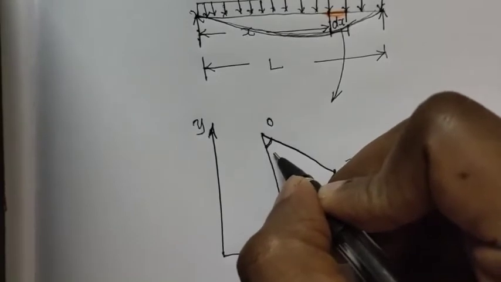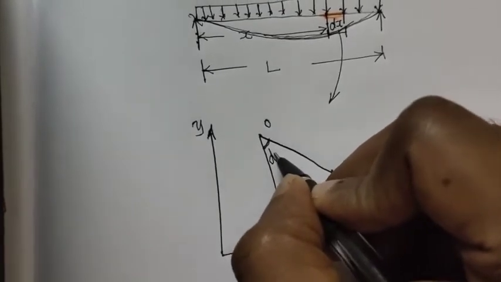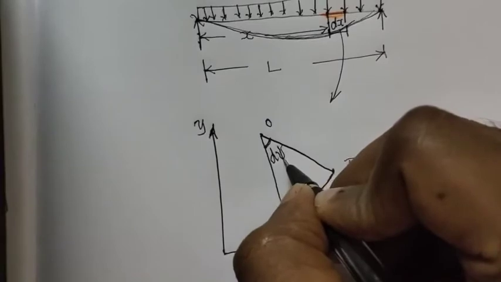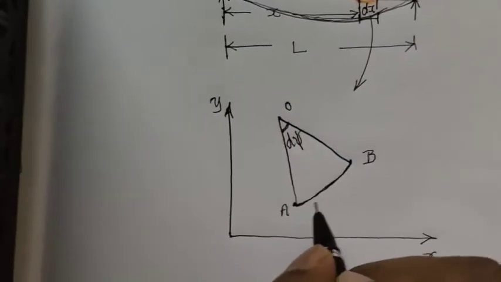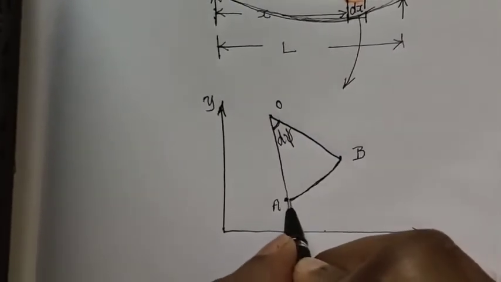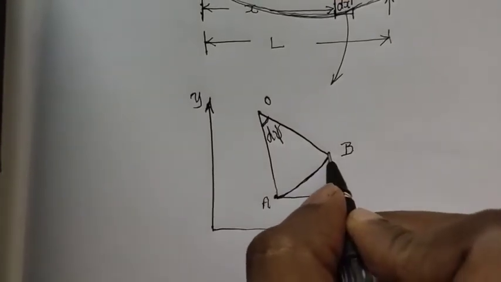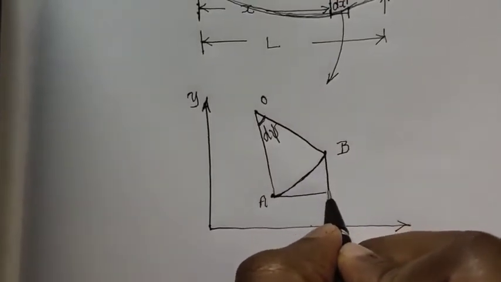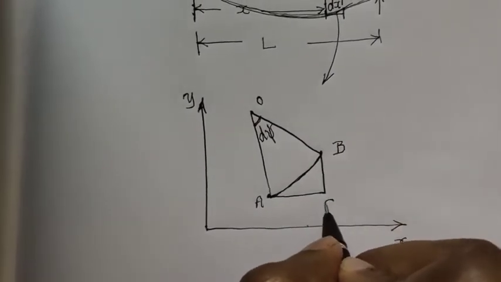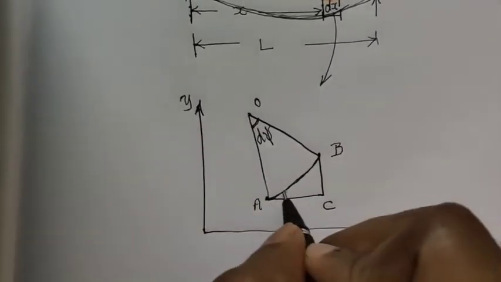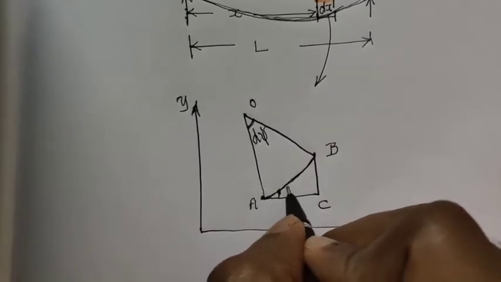The subtending angle here is d psi. I draw a horizontal from the point A, and drop a vertical from the point B until they meet at the point C. Let me call this angle psi.